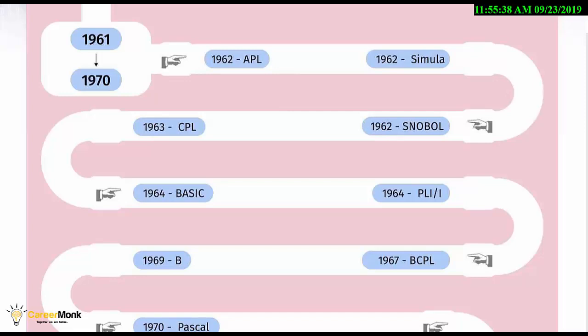The most important language which came out during the 1960s and 70s is COBOL's successor. And Simula is another language, kind of an object-oriented programming language. And by the end of this decade, the major important programming language which came out is Pascal, which was initially aimed at teaching purposes.